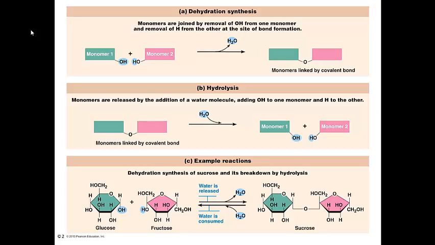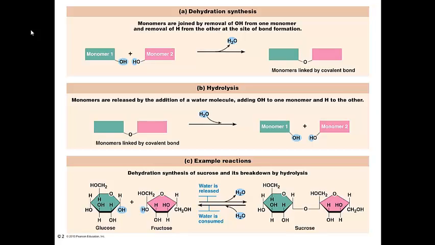There are carbohydrates, there are lipids, there are proteins, and nucleic acids. So what we have to understand in this chapter is basically what they're made of, and then what we're going to use them for in the human body.